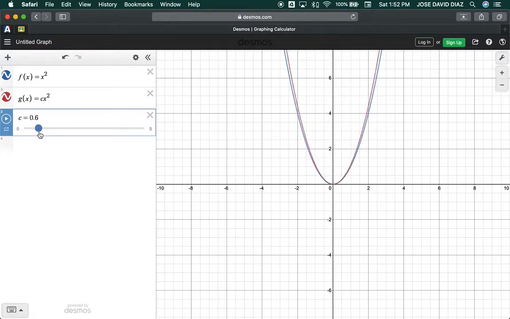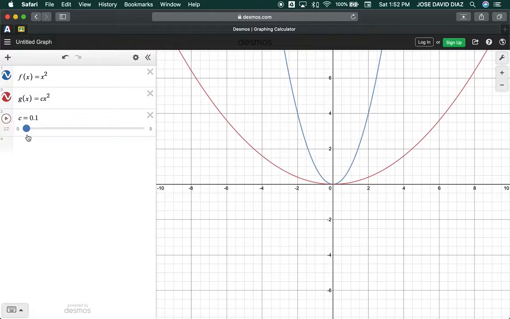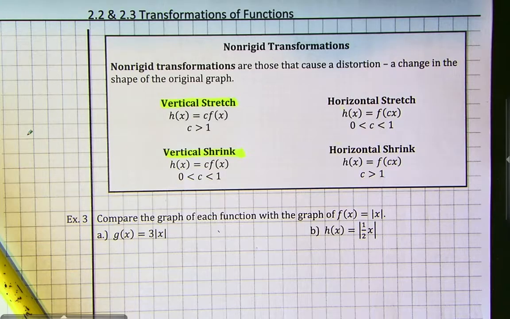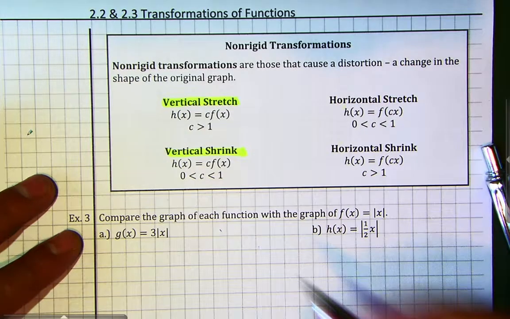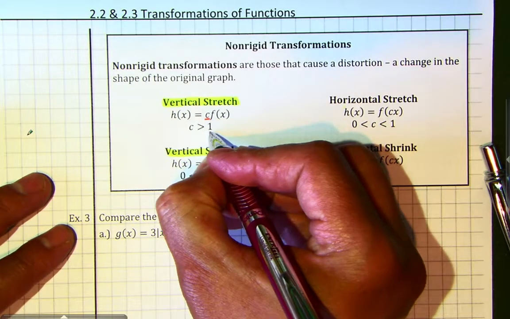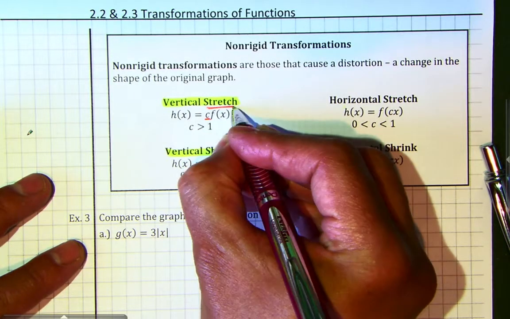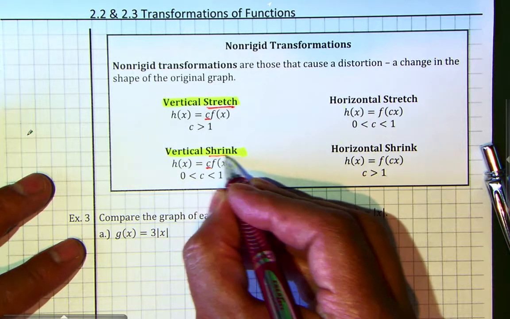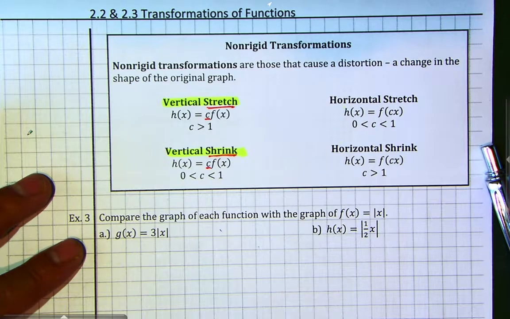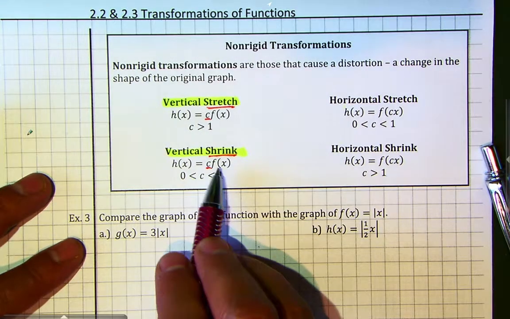If it's smaller than 1, it's going to be a vertical shrink. Now, if the value of c is greater than 1, it's going to be a vertical stretch. If the value of c is between 0 and 1, it's going to be a vertical shrink.